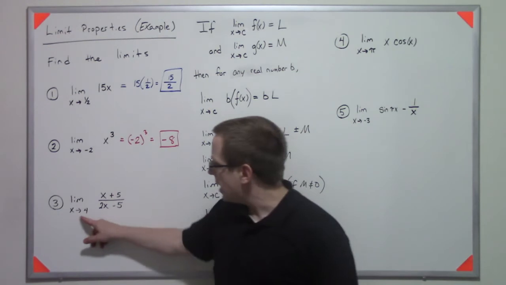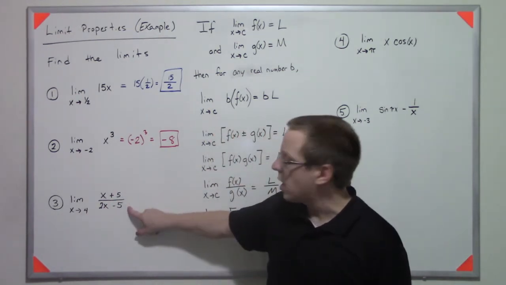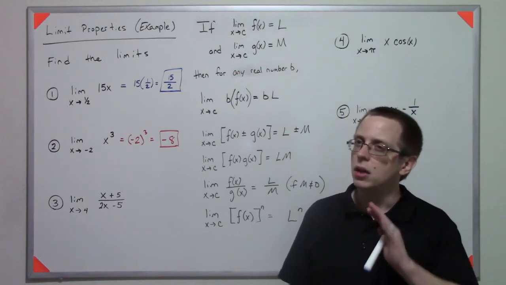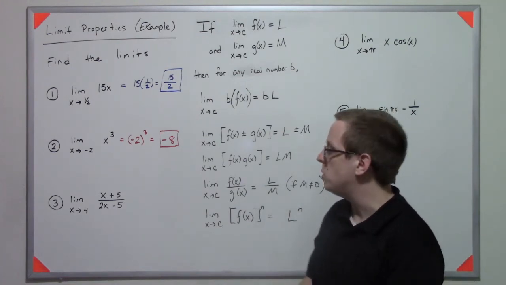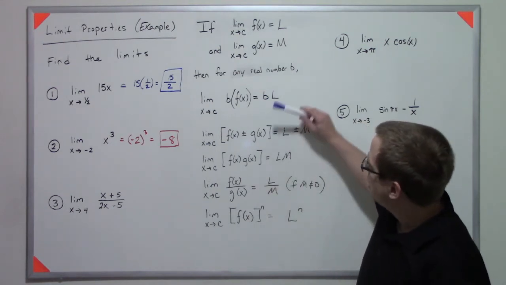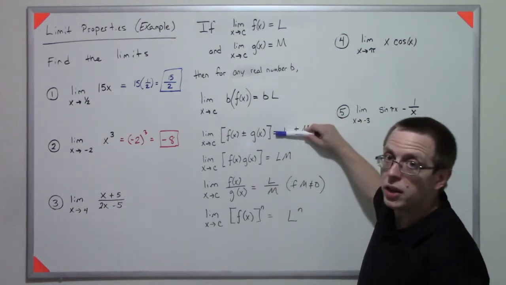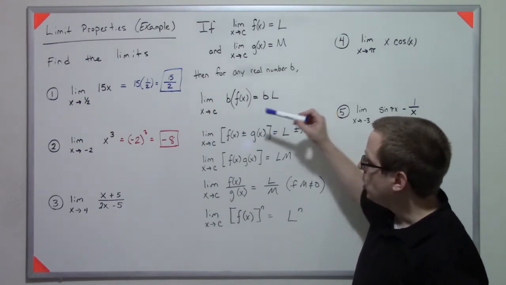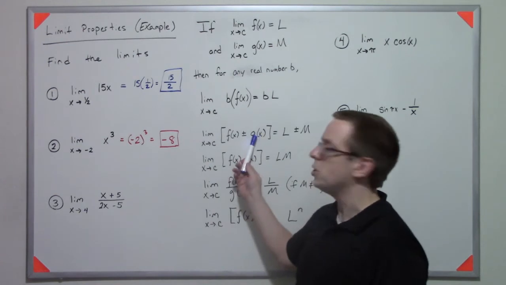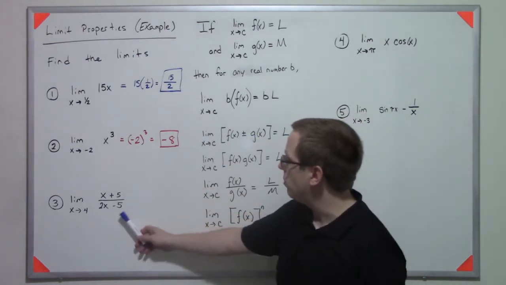I have the limit as x approaches 4 of x plus 5 over 2x minus 5. So technically speaking, and this is a lot of work, this really involves this and this and this, because you have to find the limit of the top, and that's technically two things added together, so you have to apply this. You have the limit of the bottom.